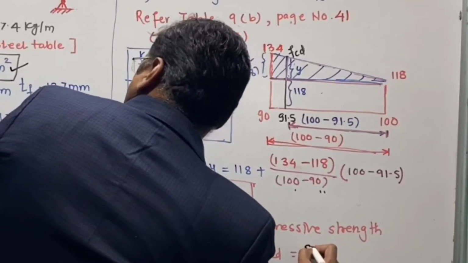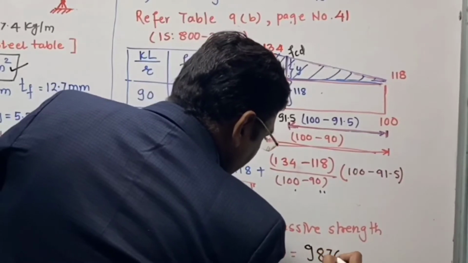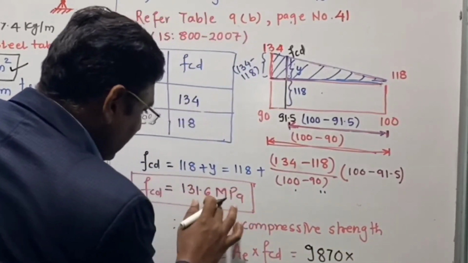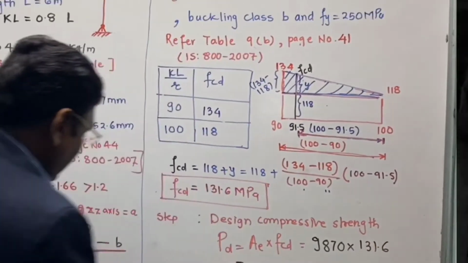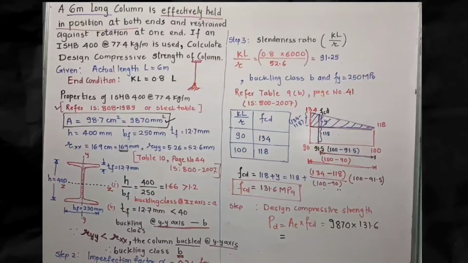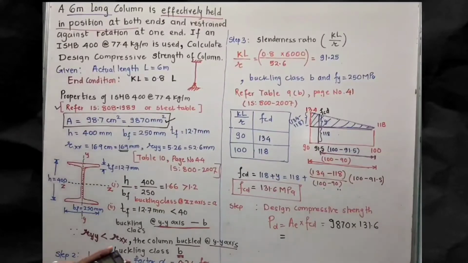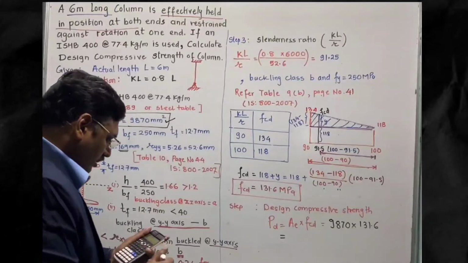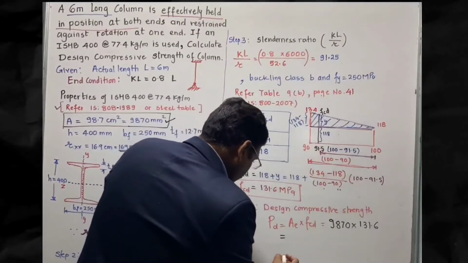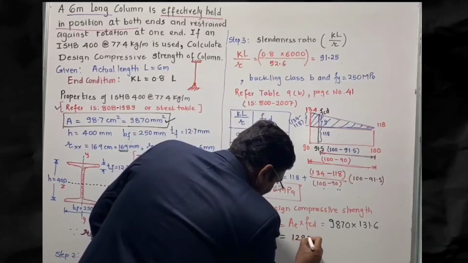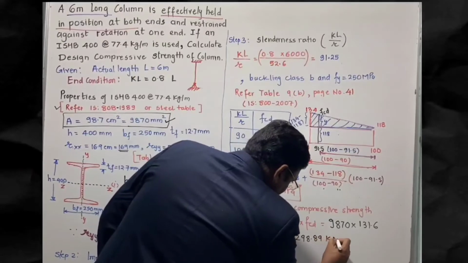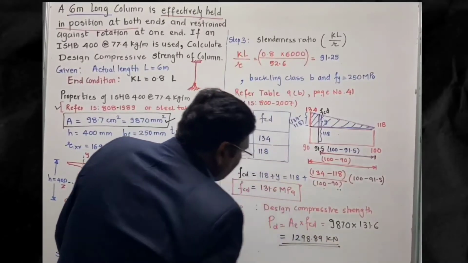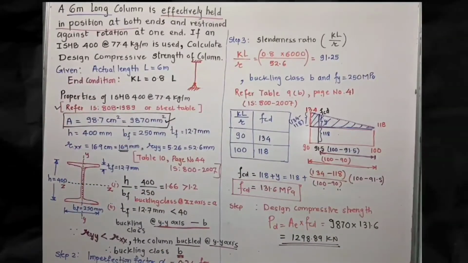So 9870 into the stress, 1131.6, and you will get the value 1298.89 kilonewton. So like this we will calculate the design strength of the given section.